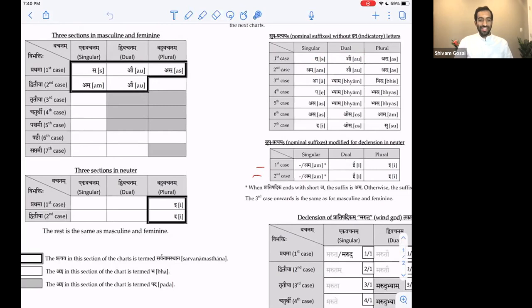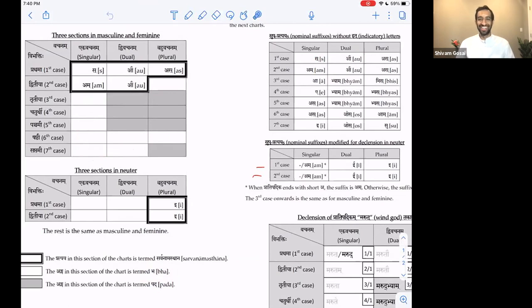Then another section is this white section: 2-3, 3-1, 4-1, 5-1, 6-1, 6-2, 6-3, 7-1, 7-2. That's called the bha section.